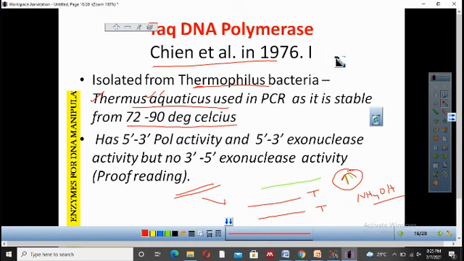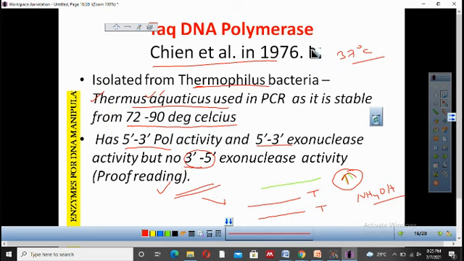The DNA polymerase isolated from E. coli is stable at 37 degrees centigrade or lower, but at high temperature that enzyme will be degraded, so this one is isolated from a specific bacterium. It has 5' to 3' polymerase activity and 5' to 3' exonuclease activity, but no 3' to 5' exonuclease activity. You have to remember that 3' to 5' exonuclease activity is the proofreading activity.